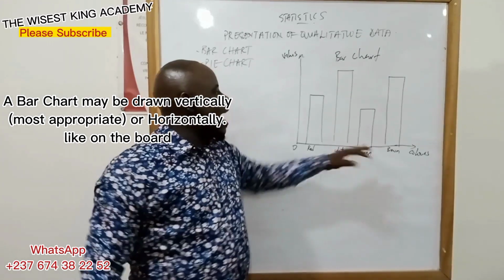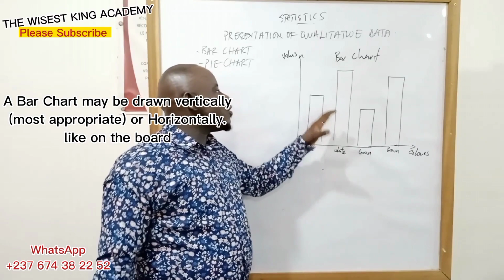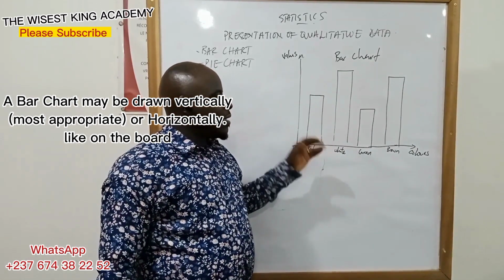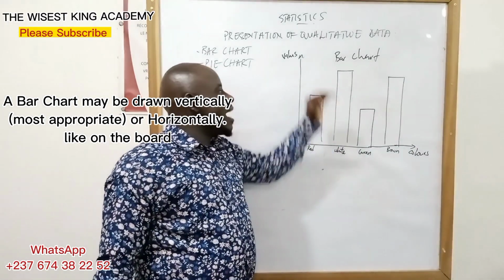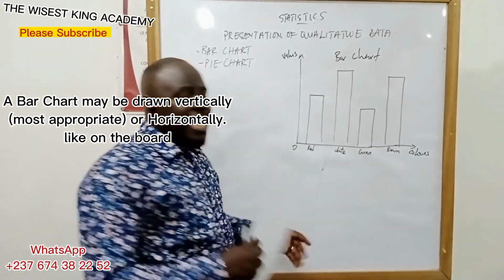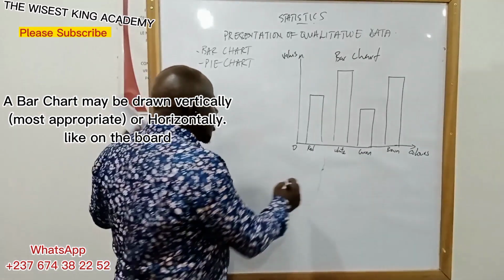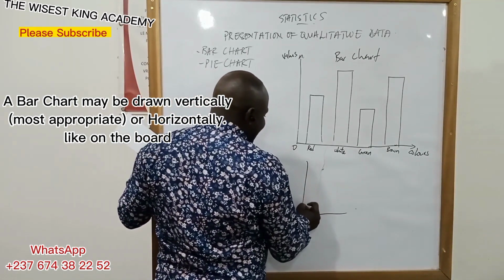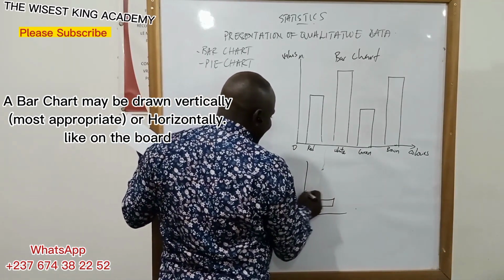Each bar represents an item. The value of each item determines the height of the bar. Okay, so that is a bar chart. And a bar chart can also be presented horizontally.